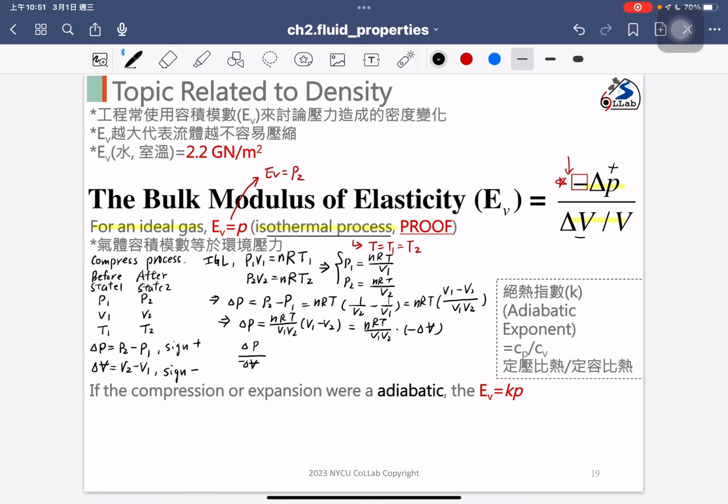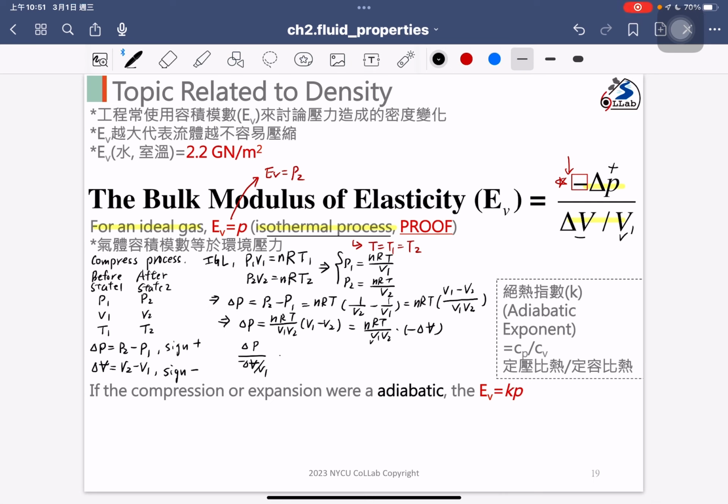I move the right hand side parameter to the left hand side, and I need the additional V, right? This V is the initial volume, so this is V1. So I can also put the V1 in here, because there is a V1 in here.